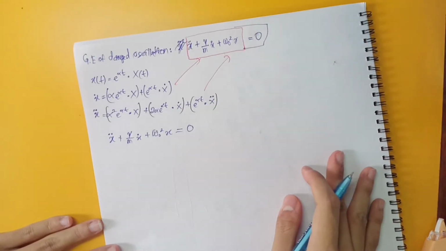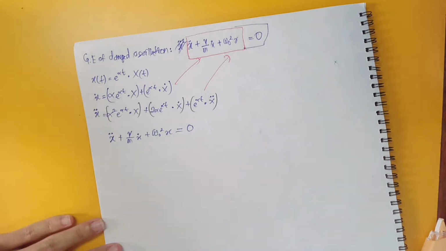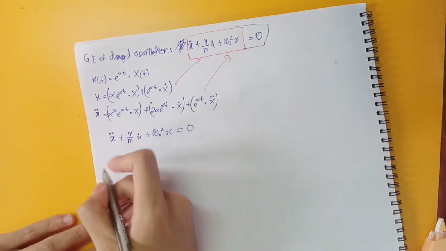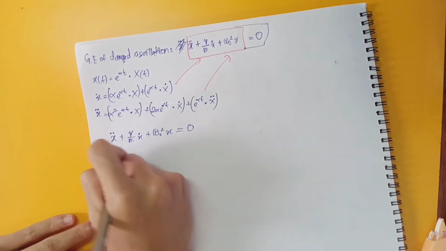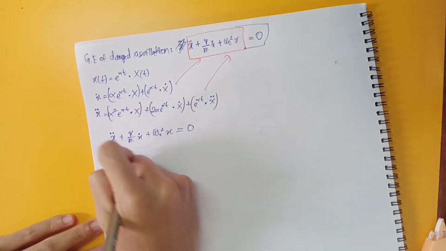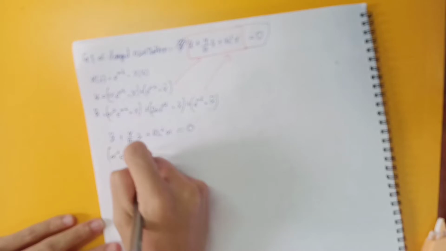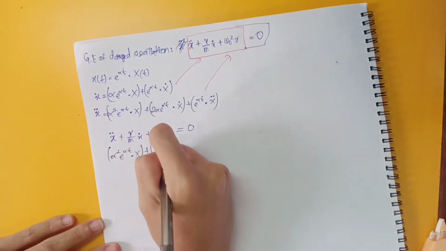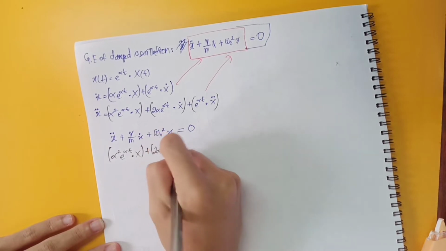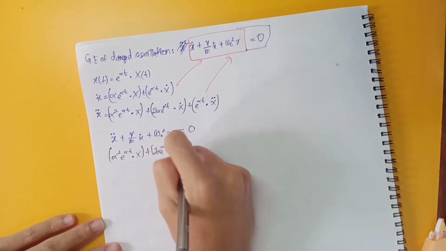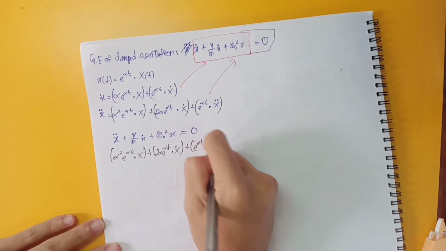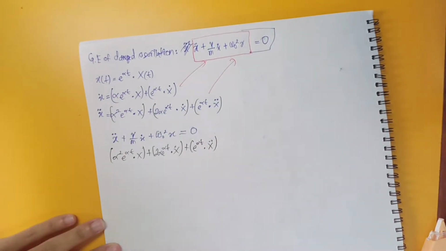Okay, let's do some substitution. So x double dot is equal to alpha squared exponential power of alpha t times X, plus 2 alpha exponential power of alpha t times x dot, plus exponential power of alpha t times x double dot.